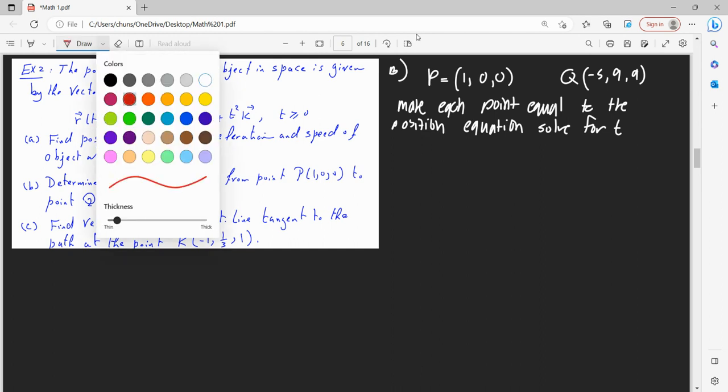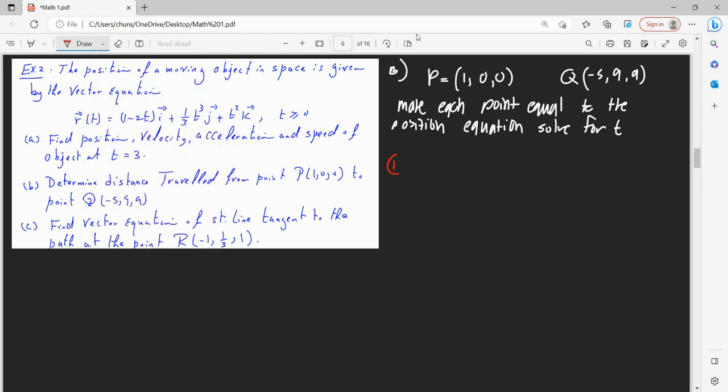So let's start with P first, in red. We are going to want to make this equal to (1 minus 2t) i plus 1/3 t cubed j plus t squared k.